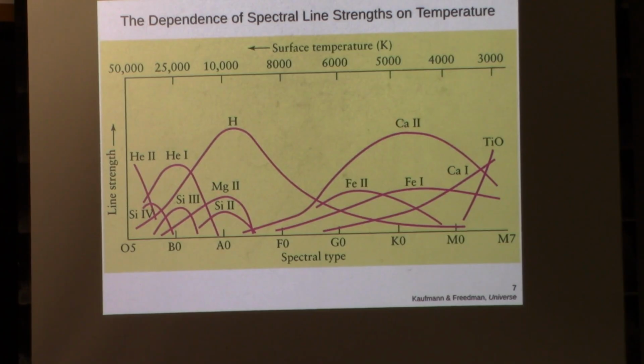How many protons are in a carbon nucleus? 6. So what's C1? Why, that is carbon with how many electrons? 6. How about carbon 2? 5. Carbon 3. 4. Dot, dot, dot.